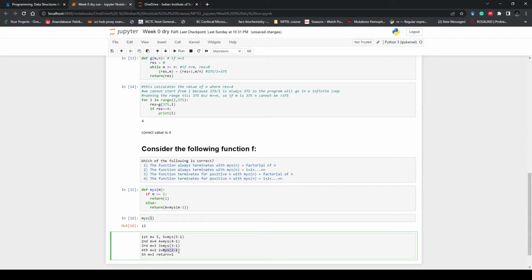So we can consider mys of 2 minus 1 as 1, then this will return 3. Then mys of 3 minus 1, here mys of 2 minus 1 is equal to 1.